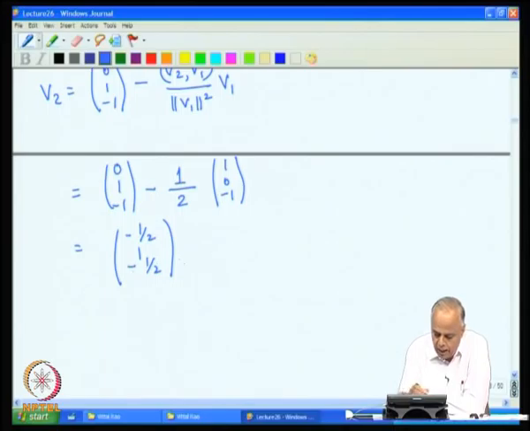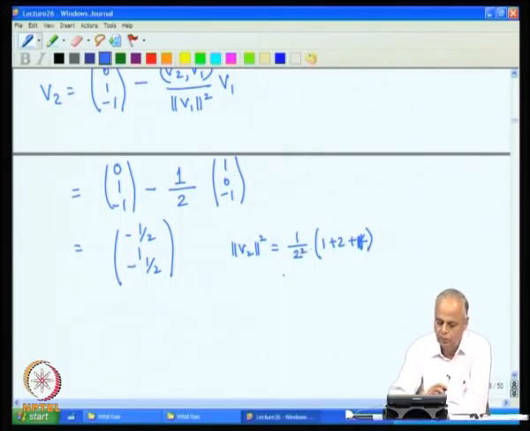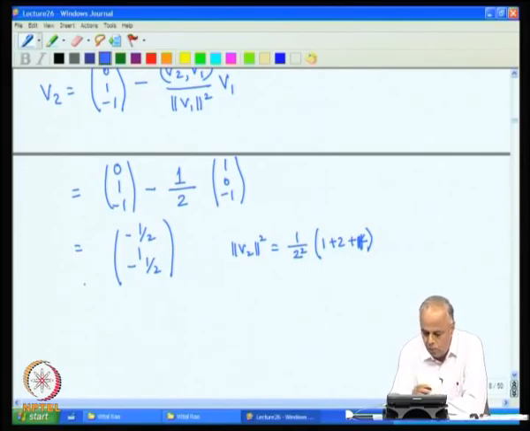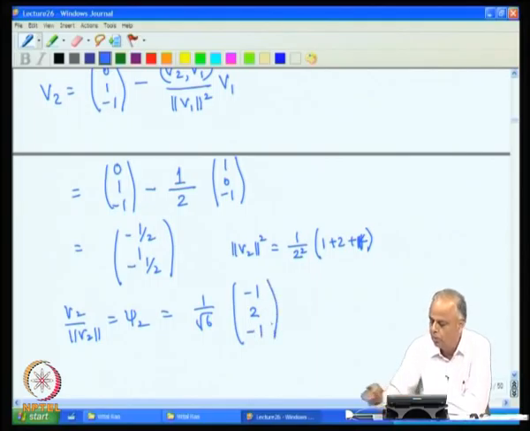Therefore, next we calculate norm v2 squared, which is 1 by 2 squared times (1 plus 1 plus 4), so the 1 by 2 squared has been pulled out. Now, if we divide v2 by its norm, we get psi 2, which is the second vector in the orthonormal basis.